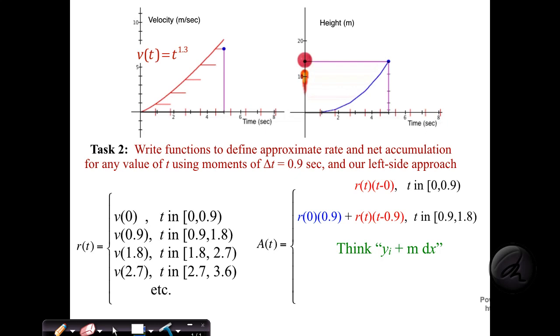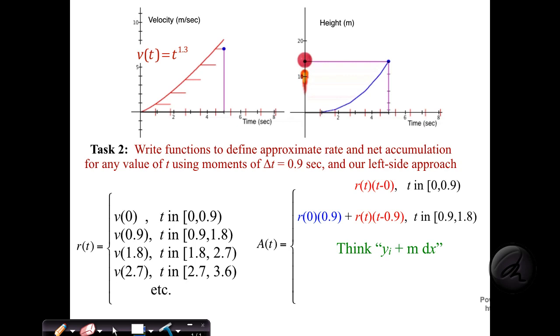Because not every point is 0.9 units away from this. That's where I am by the end. If I'm trying to figure out an endpoint here, I'd be at delta t comma 0. But I want to describe that line segment. So I need a y initial plus m dx. When I'm between 0 and 0.9, how do I find that dx? It's dt in this case.